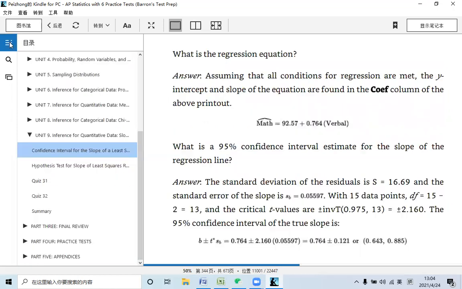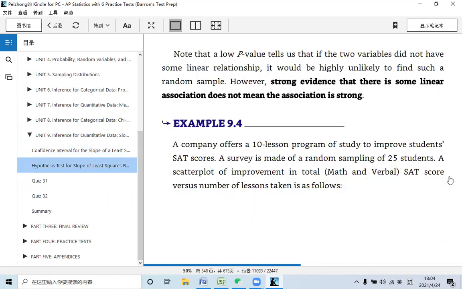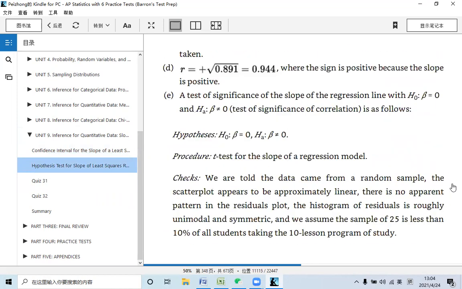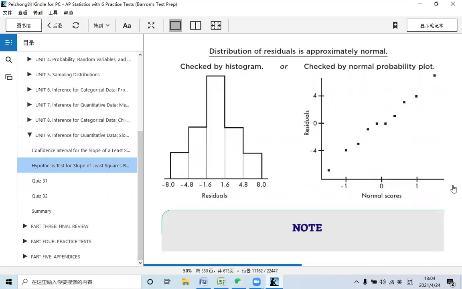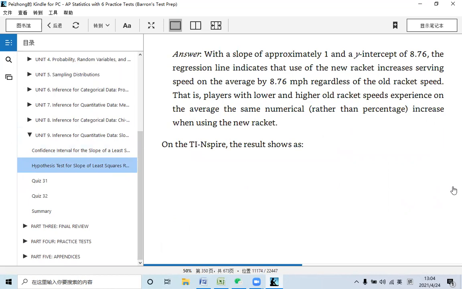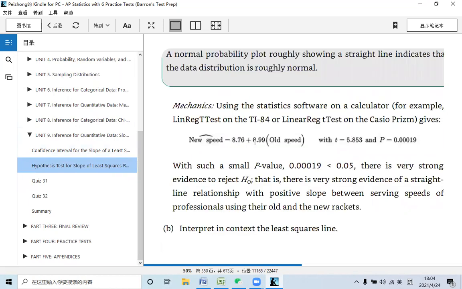No, else missed something. Yeah, here it is. So you want to make an interpretation of the intercept and the slope. The slope, this one means this 0.99, and you're timing it with the old speed.